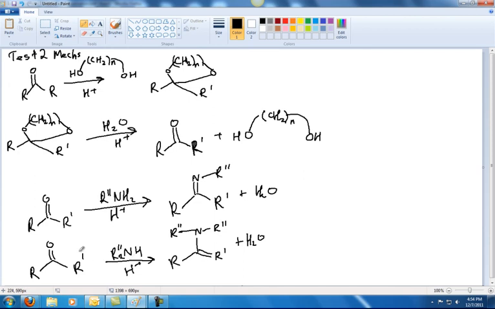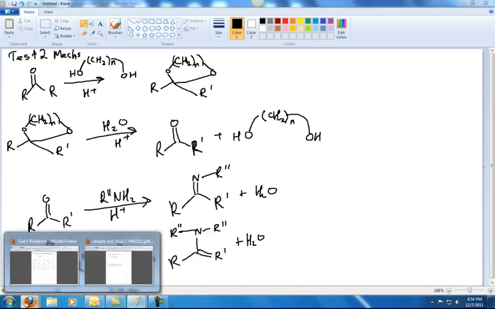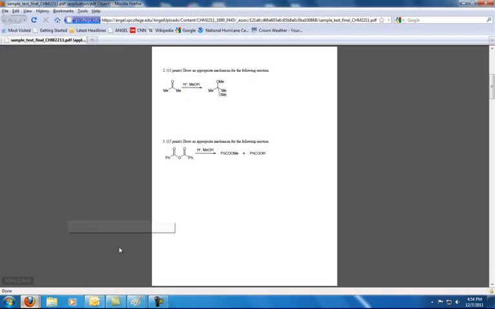So those were all the possibilities for mechanisms in test 2, and those will be the same possibilities that you should expect for question 2. That is this question on the final. So those 4 would be possibilities for that particular question.